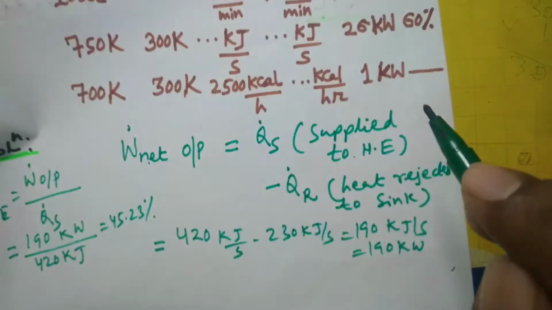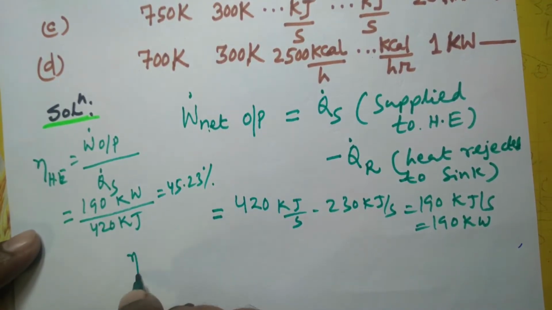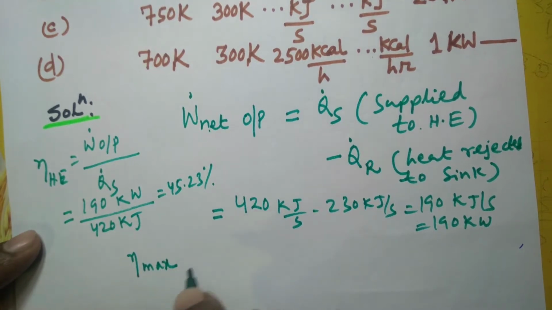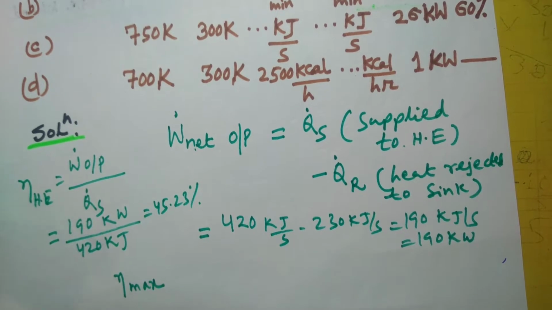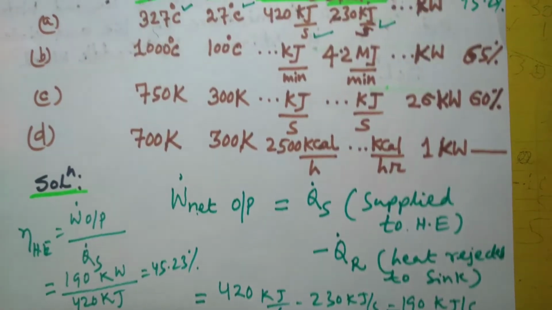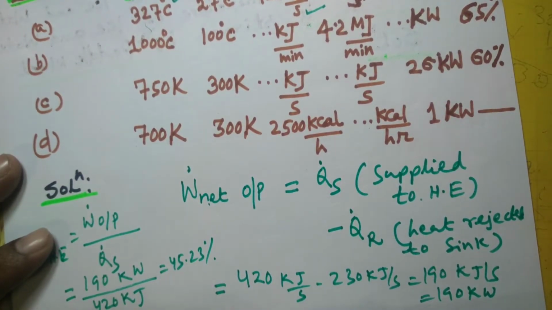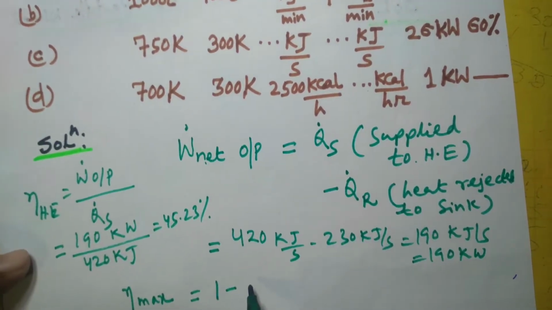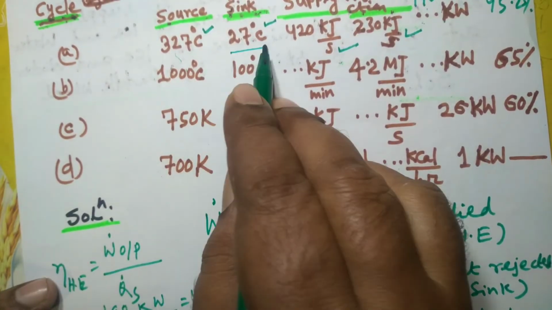You see, the maximum possible efficiency between these two given temperatures is that of a reversible heat engine according to Carnot theorem. Between any given two temperature levels, the maximum efficiency is that of a reversible engine operating between those two temperature levels, and that is 1 minus the sink temperature expressed in Kelvin, divided by the source temperature. 27 degrees Celsius is the sink temperature.